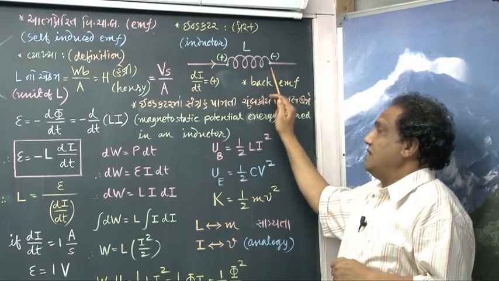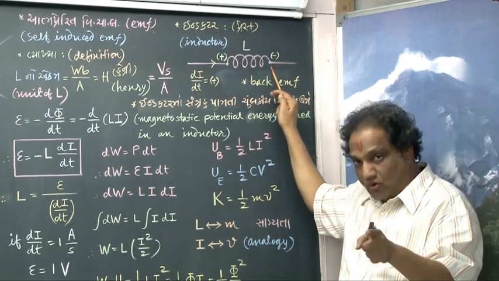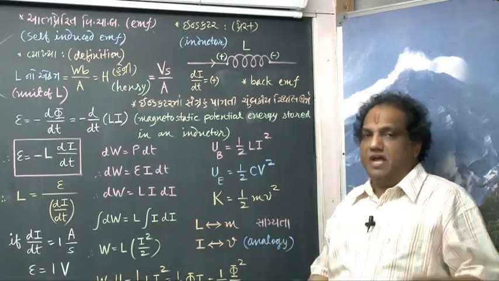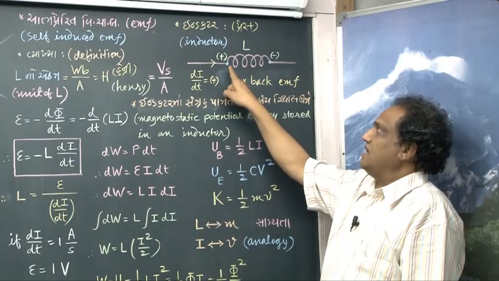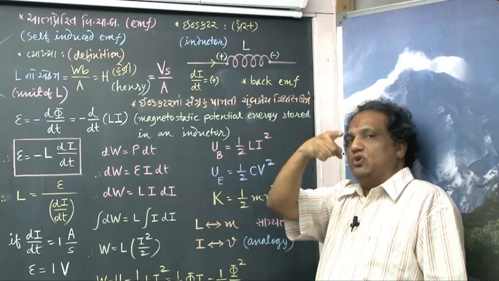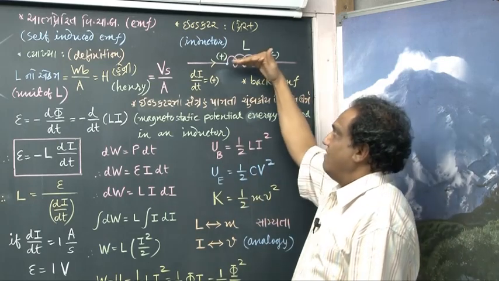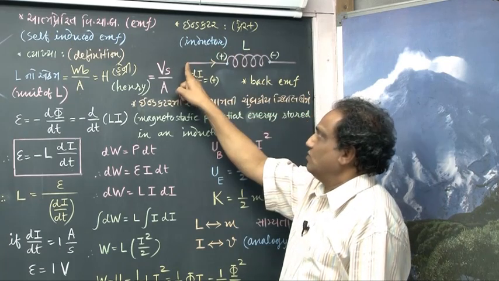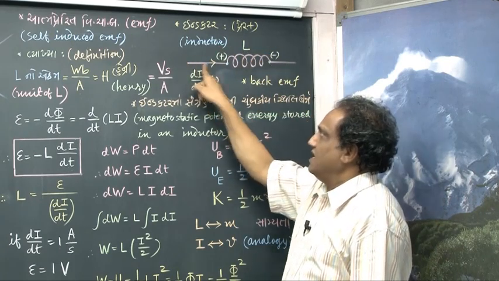But that self-induced EMF obeys Lenz's law. So it will try to oppose the increase in the current, and to do that, it has to create here a positive terminal, here a negative terminal, so that you know the direction of EMF. It is away from the positive terminal this way. This way means opposite to this current.